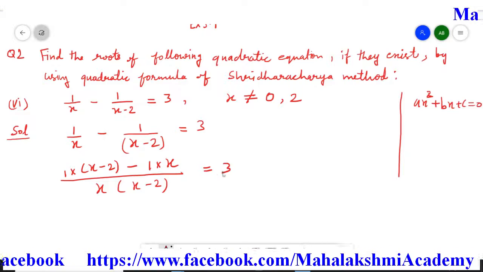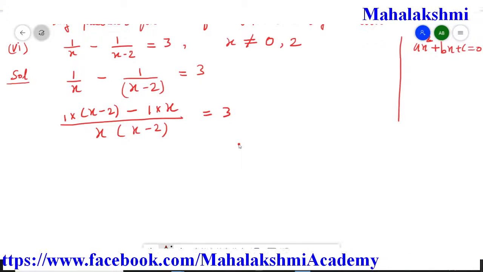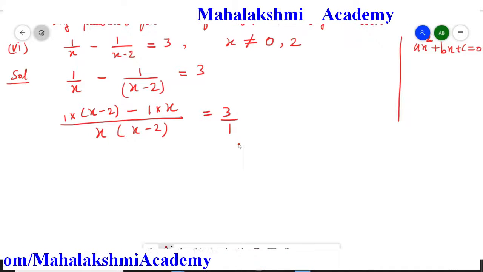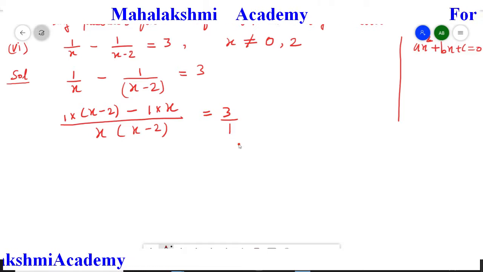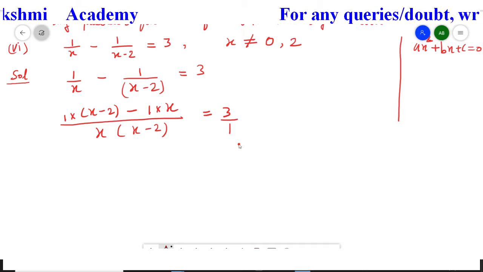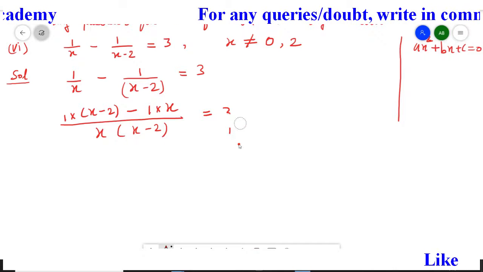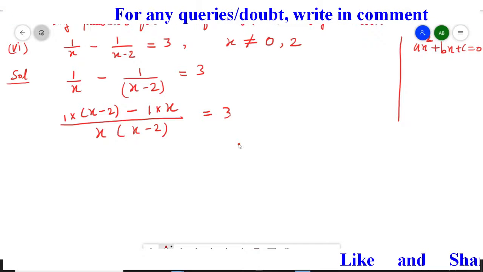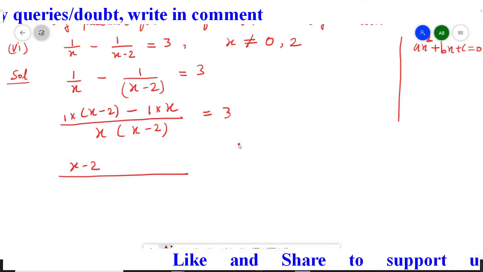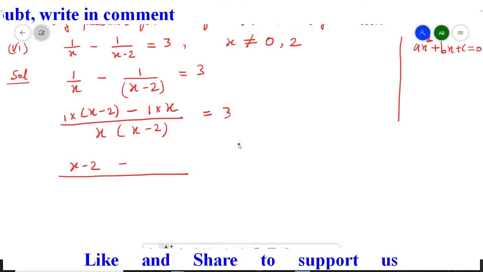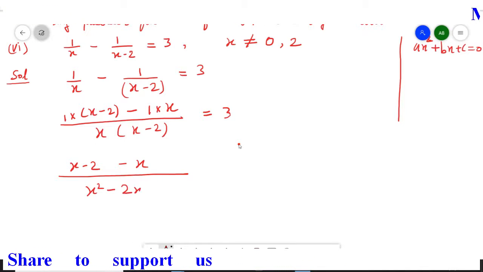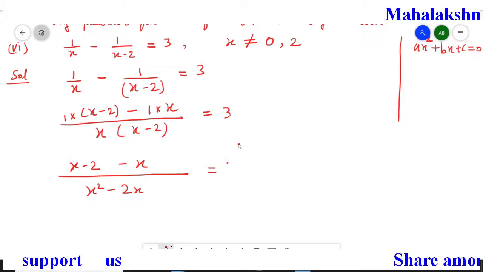Now in the next step, first I am going to write 1, then I am going to do cross multiplication. Along with that I am going to open the bracket also. First let me simplify it, then in the next step we will do the cross multiplication. When we open the bracket in the numerator, we get x minus 2, because any number multiplied by 1 is the same number. And below we get x square minus 2x is equal to 3.